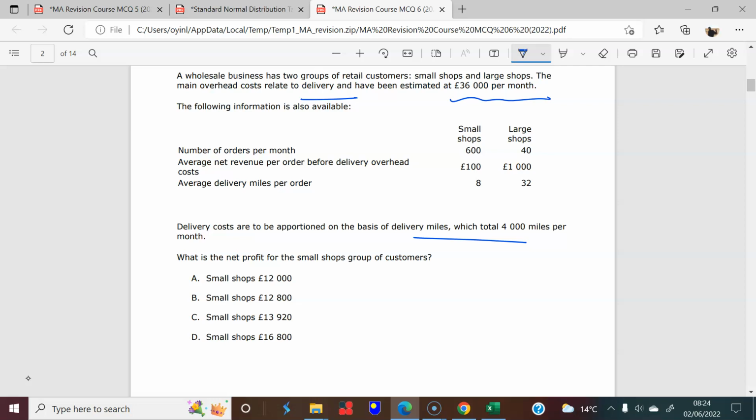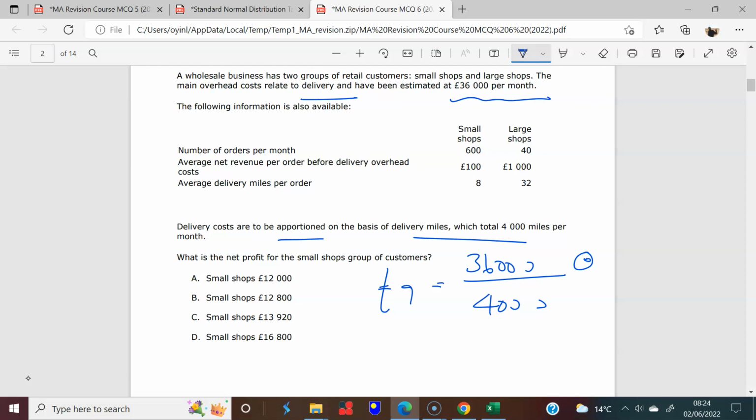So if we have a guesstimation of 36,000, apportioning on the base of which is £4,000 a month, we're apportioning in effect £9 per mile. This is our guide, the overhead absorption rate.